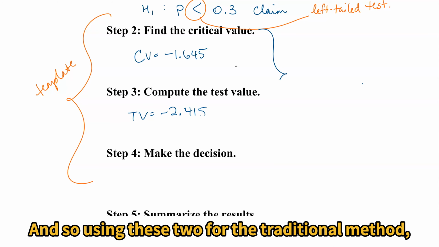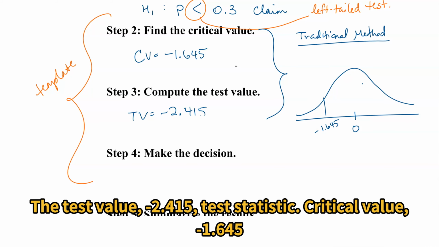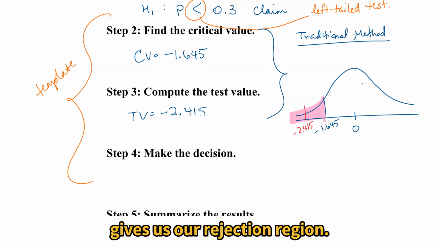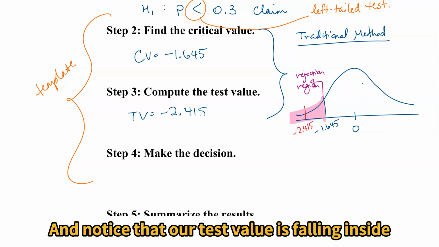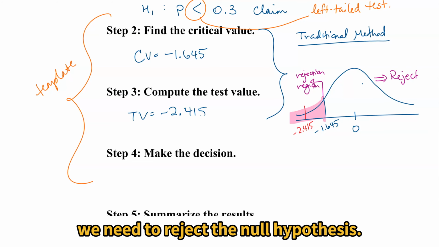And so using these two for the traditional method, I'll put my critical value on here, negative 1.645. The test value, negative 2.415. Critical value, negative 1.645, gives us a rejection region. And notice that our test value is falling inside the rejection region, which means that we need to reject the null hypothesis.